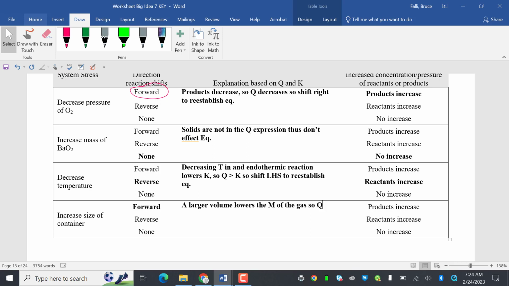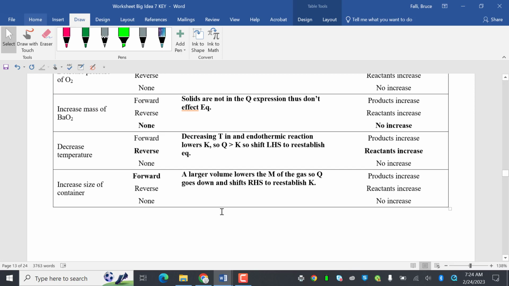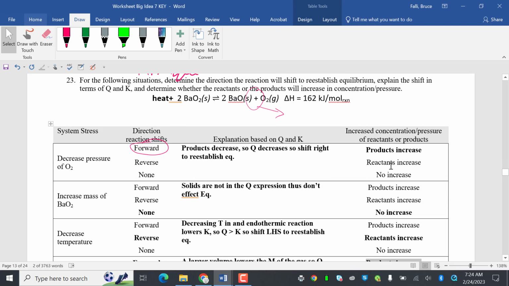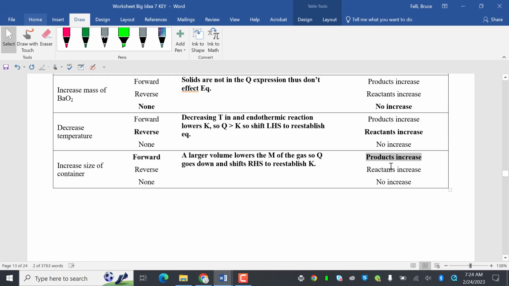So Q goes down and shifts right-hand side to re-establish. Okay, so if that happens, my products will increase. Increase concentration, pressure. Okay, that'll work.